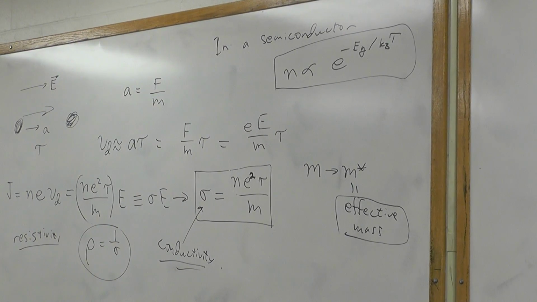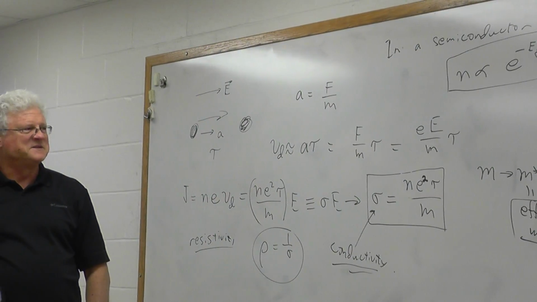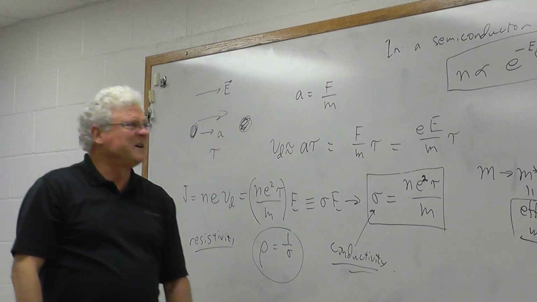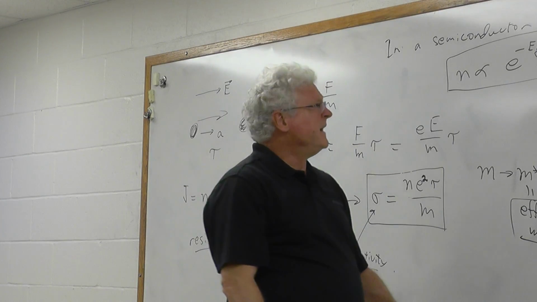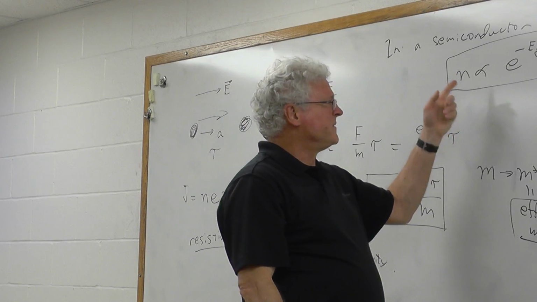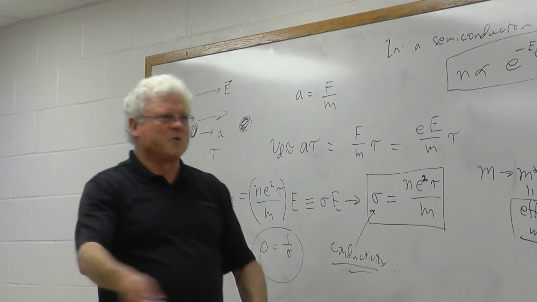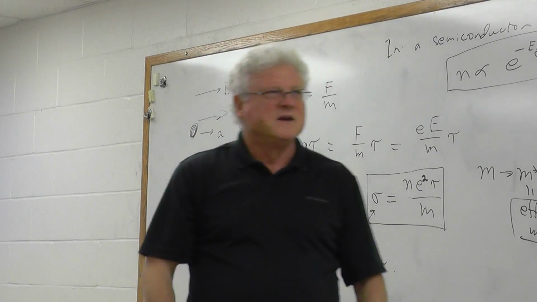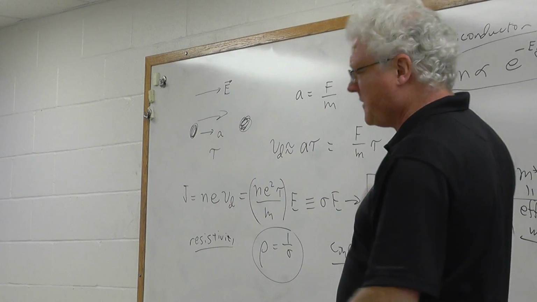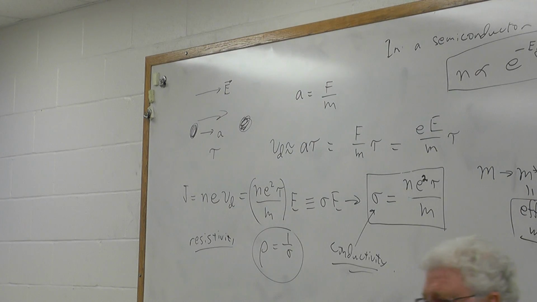So as you go down in temperature, the conductivity goes down, or the resistivity starts to go way up. As T goes to 0, this thing goes down to 0, and so the inverse of it goes way up. The resistivity goes up as you go down in temperature. This is called thermal activation, a thermally activated form in the case of a semiconductor.